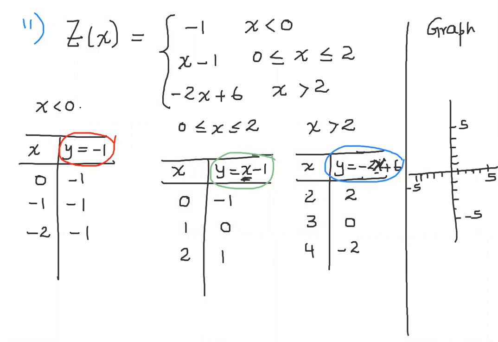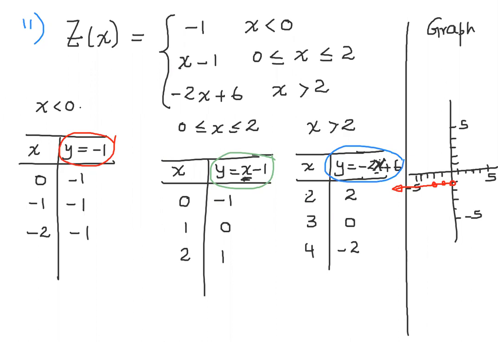Let's do 0, negative 1, and 0 is not included. So this is the point 0, negative 1, so I have to keep it open. And negative 1 is this, and negative 2, negative 1 is this point. So it starts from 0, it goes like this.